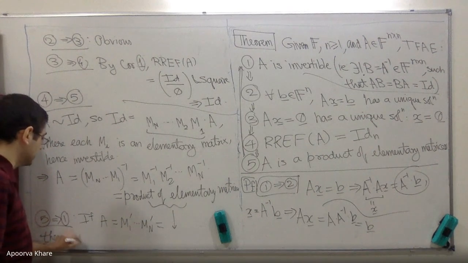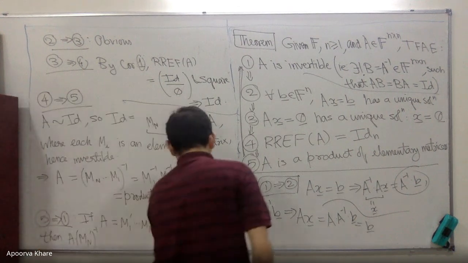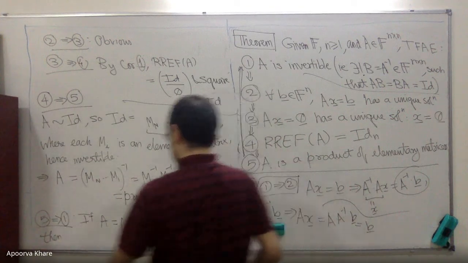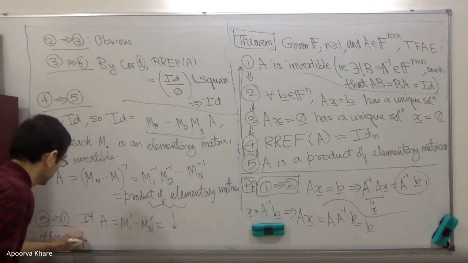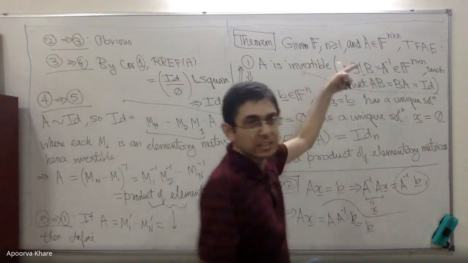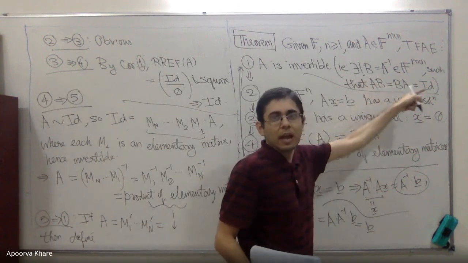Let's put it this way: I want to prove that A is invertible. So I want to prove that there exists a B such that AB equals identity and BA equals identity.